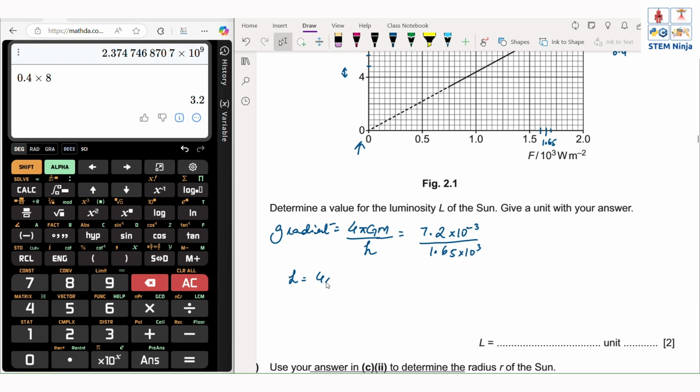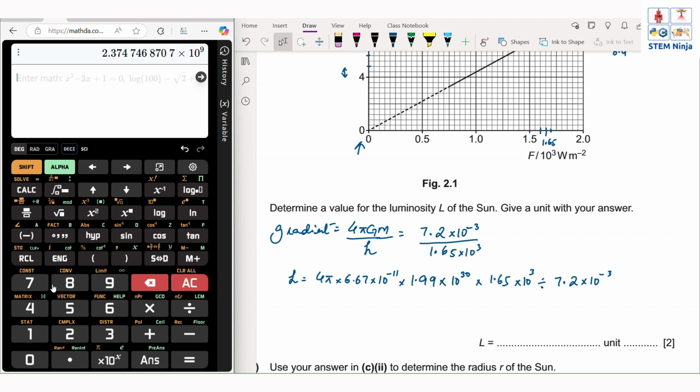So we have 4 pi times 6.67 times 10 raised to power minus 11 times mass, which is given as 1.99 times 10 raised to power 30, times 1.65 times 10 raised to power 3 divided by 7.2 times 10 raised to power minus 3.